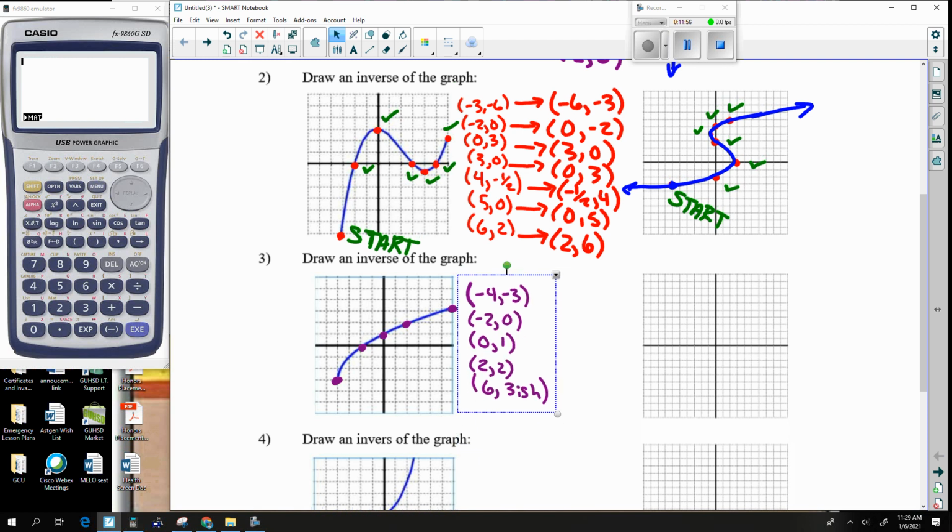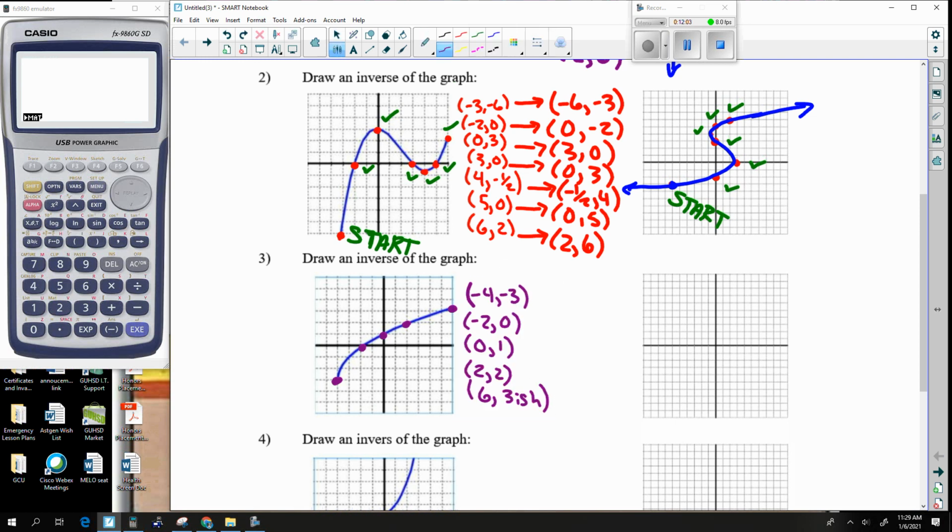I'm asked to graph an inverse of this. Okay, so that implies that this is going to be -3, -4, 0, -2. X's become y's, y's become x's. So this is like that 3-ish, so 3 plus, just a little bit over 3, 6.